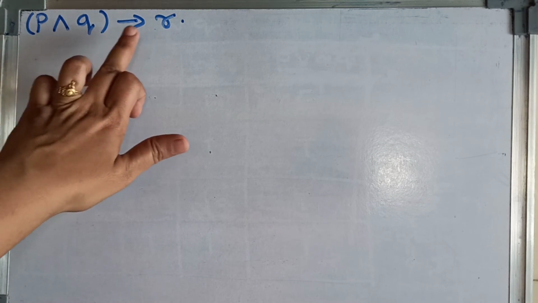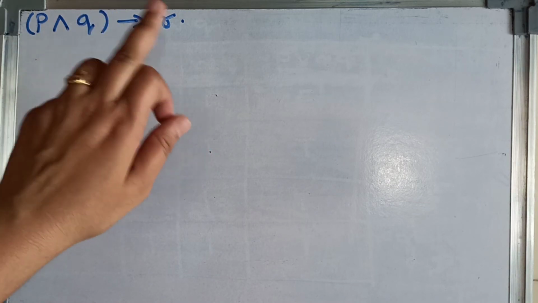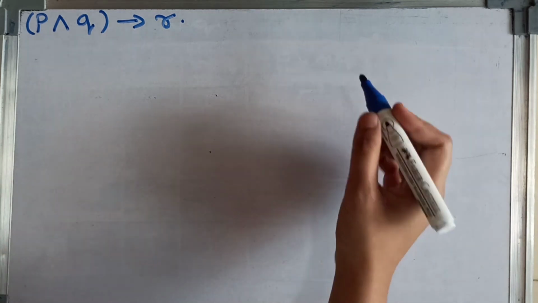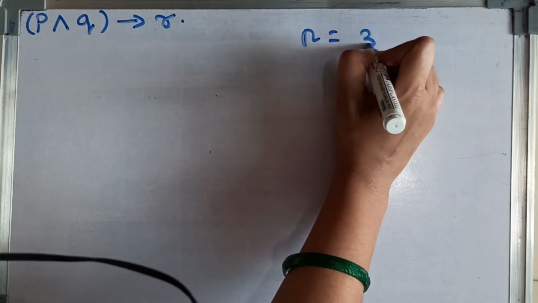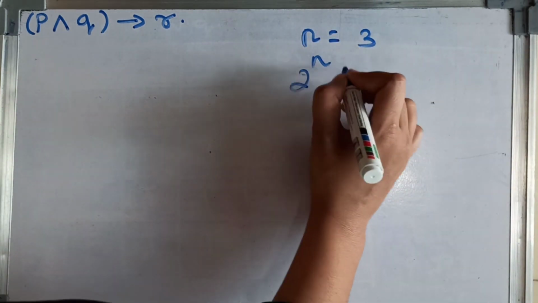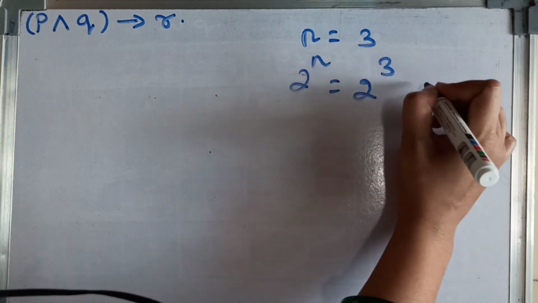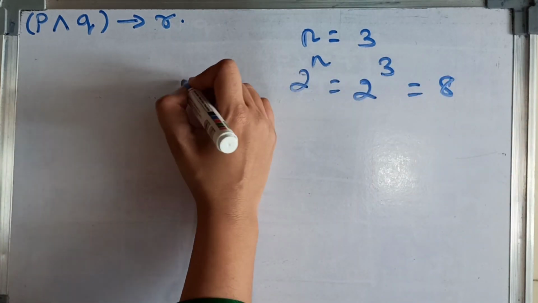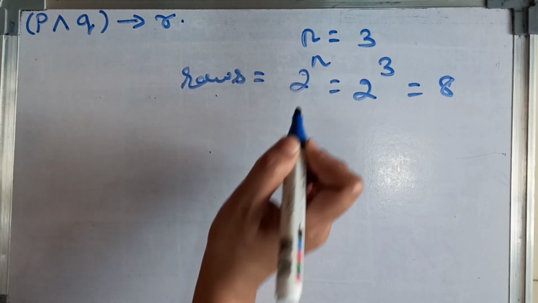The next one we will see is P and Q implies R. Here we have three component statements, P, Q and R, so N is equal to 3. The number of rows, 2 raised to N, will be 2 raised to 3, that is 8.